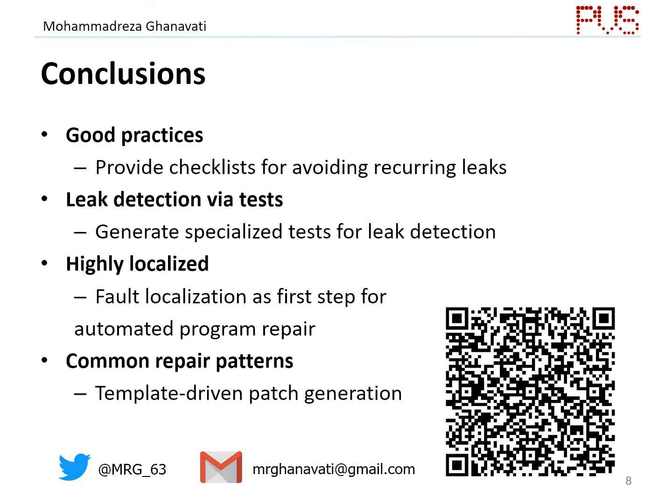Our study also showed that the fixes of leak-related bugs are highly localized, which is an interesting result for automated program repair. And last but not least, we found that there are common patterns in fixing of leak-related bugs, so template-driven patch generation can be one way of fixing such bugs.